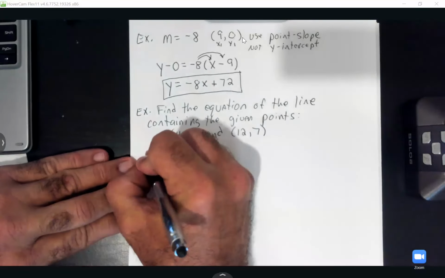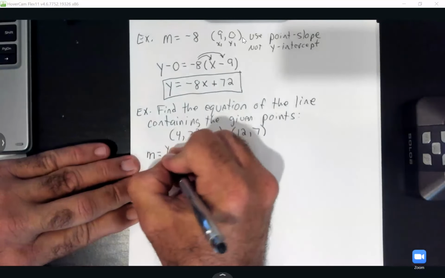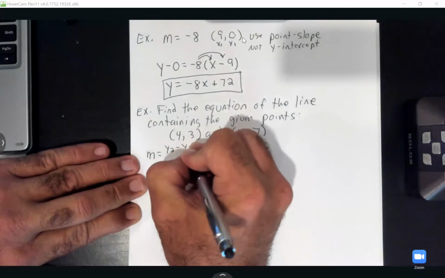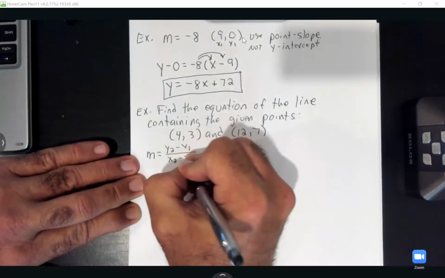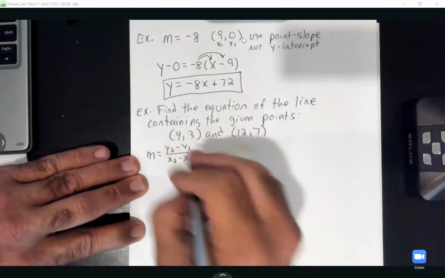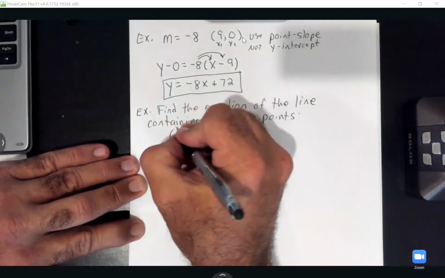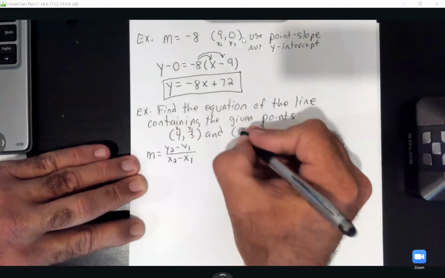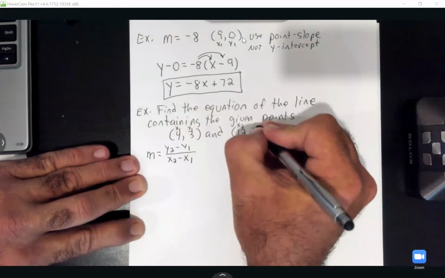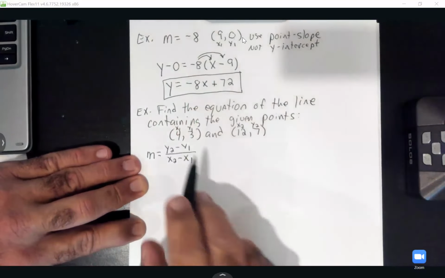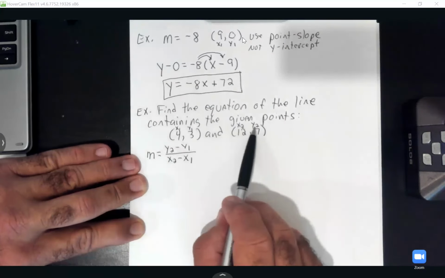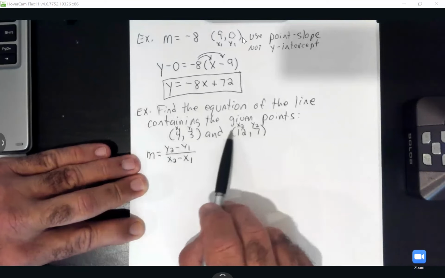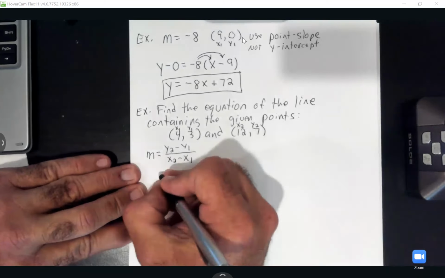So my slope formula was y2 minus y1 over x2 minus x1. So I'm going to call these two x1 and y1. This will be x2 and y2. So the ones denote they're the first point, and then the twos, these subscripts, denote my second point.